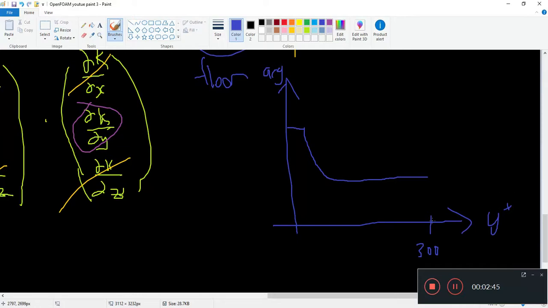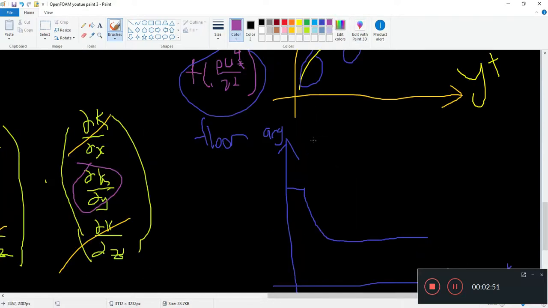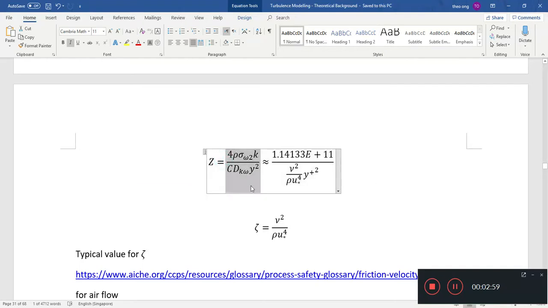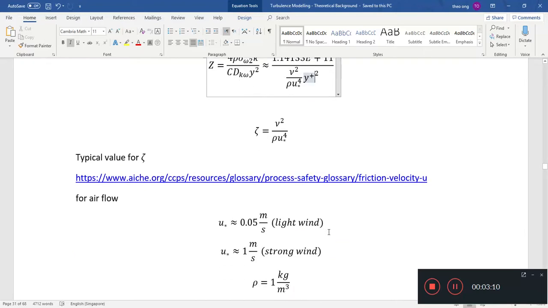These are just example values, and what happens is that you have this other humongous term, which is this z term. It starts out big in the viscous sublayer. Then it rapidly shrinks until it reaches the turbulent portion of this simulation.